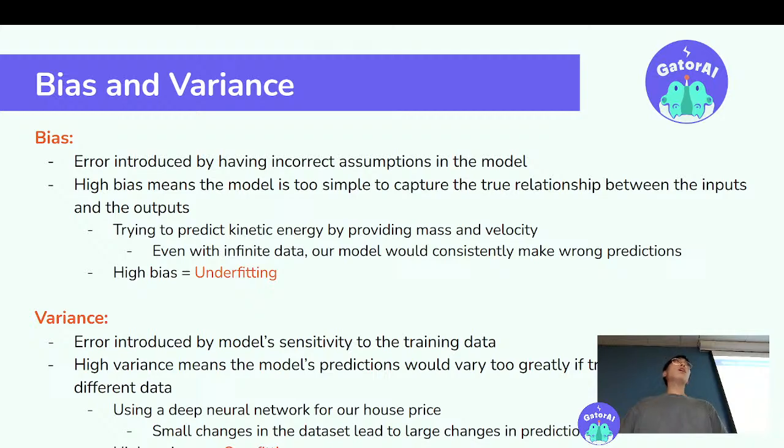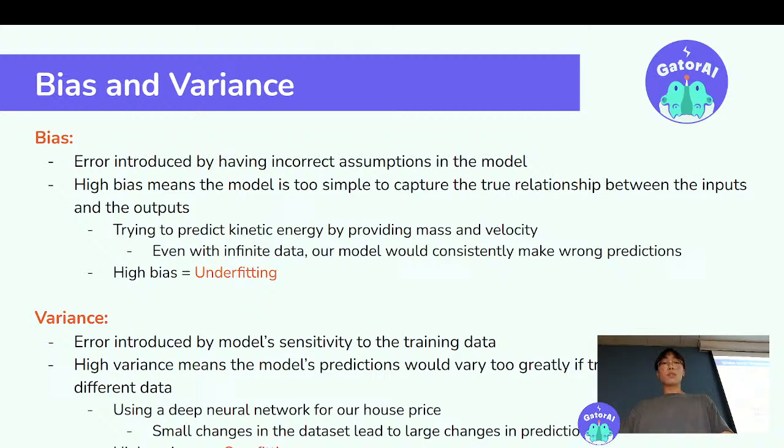So for example, going back to the housing example we always use, if we use a deep neural network for our house price, maybe we would find that as we swapped out even a few rows of our data set, our neural network would actually have large changes in how it's predicting on unseen data. And that's not the best, because high variance essentially means it's too sensitive to what would be noise in the data.